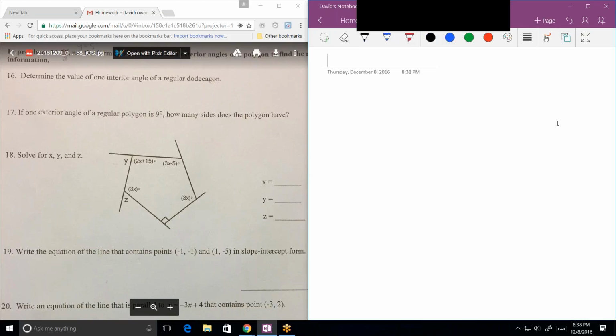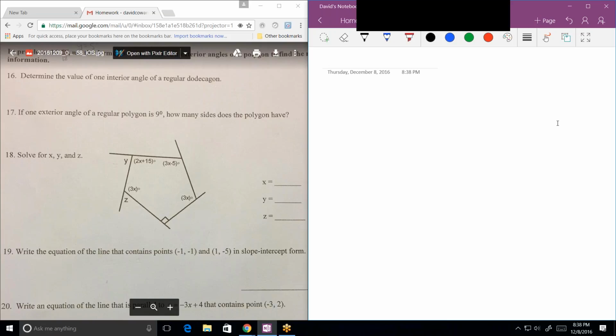If one exterior angle of a regular polygon is 9 degrees, how many sides does it have? What do we know about the sum of the exterior angles? It should equal 360 degrees. Yes, regardless of how many sides it has.